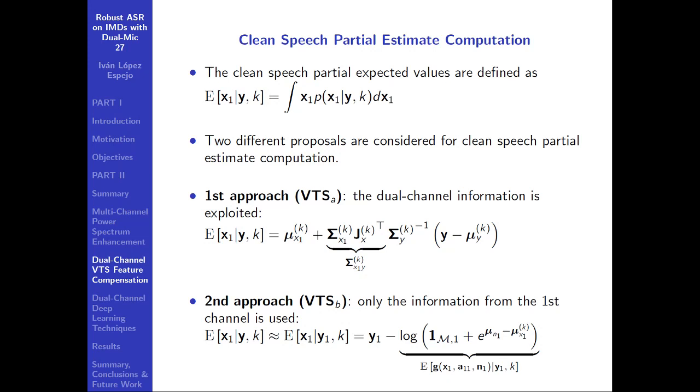The first one is based on minimum mean square error estimation and exploits the dual channel information, and the second approach is straightforward and only exploits the information from the primary channel. Considering this second strategy may be more appropriate in our case, since generally the secondary microphone captures a much noisier signal than the primary one.